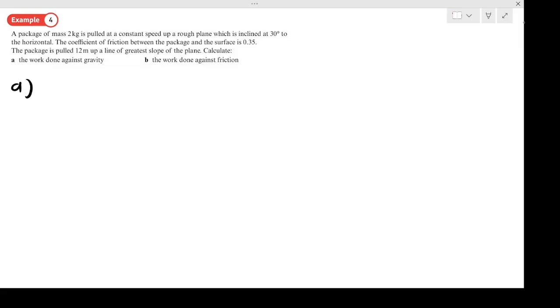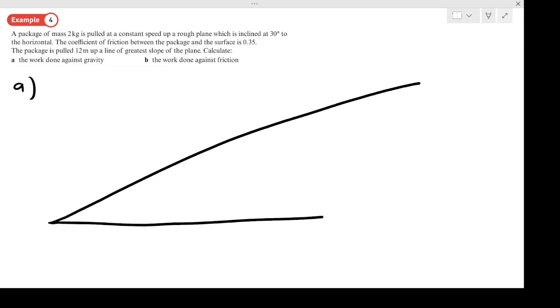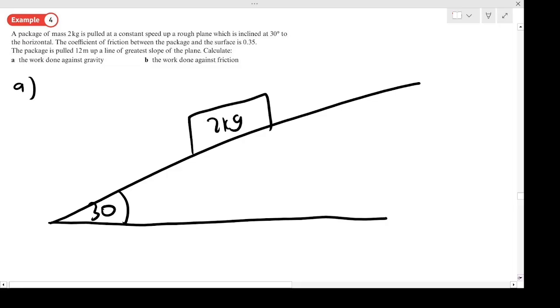Before I do anything, I'm just going to draw the situation. Again, we're at 30 degrees, I've got my package, it's 2 kilograms. I firstly want the work done against gravity.